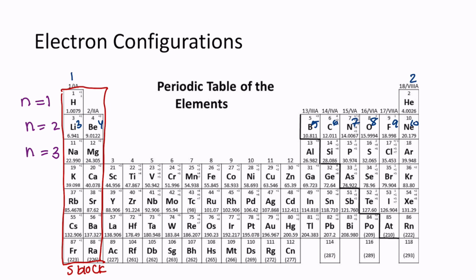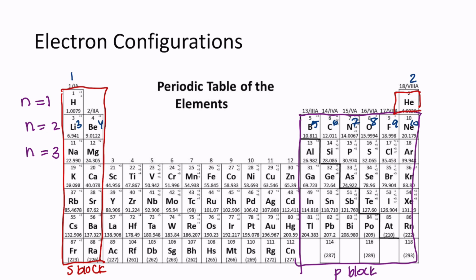Over on the other side of the periodic table, we have what is called the p block. For elements within the p block, the last filled orbitals are going to be in the p orbital. Notice I did not include helium in the p block. Helium is actually included in the s block.